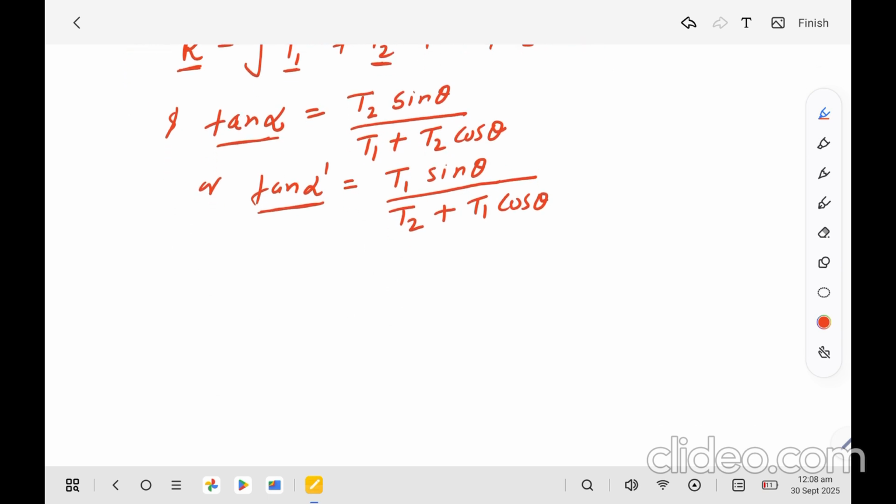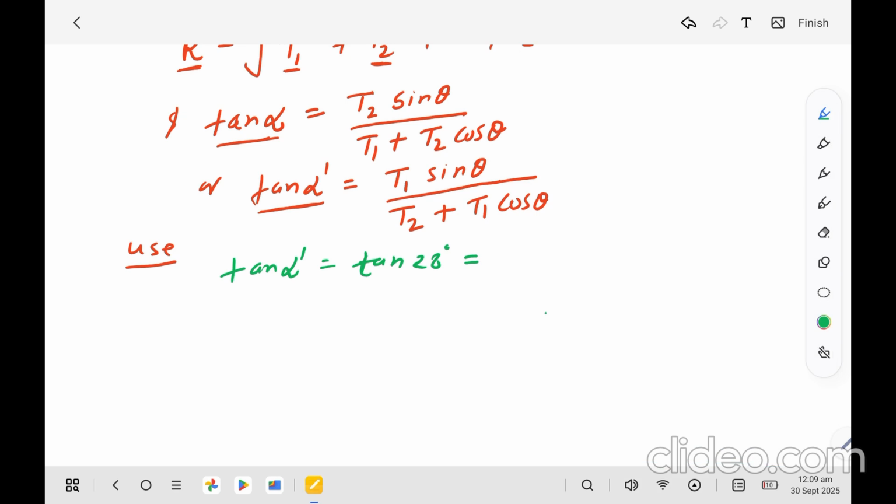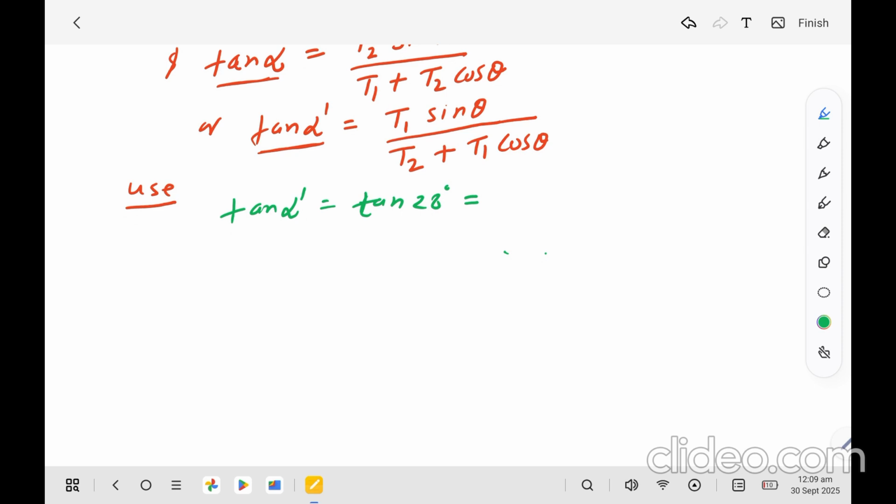So first I am using this formula. Use tan alpha prime, it means tan 28 degree is T1 sin 60 divided by T2 plus T1 cos 60.